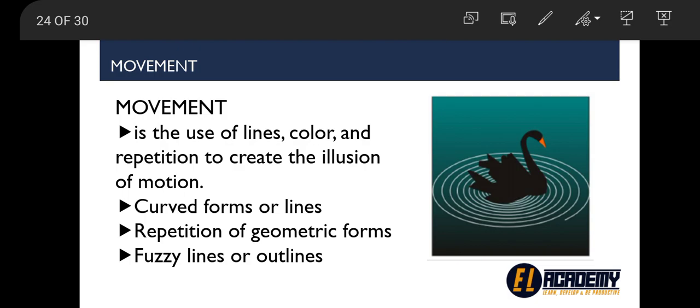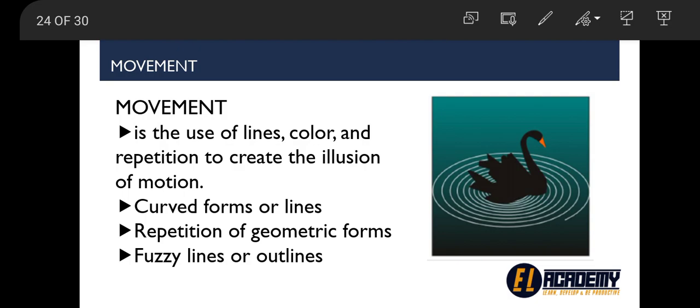This mostly has to do with creating graphic designs that convey an image of motion. That is, it creates an illusion of your design in motion. So by looking at the design, you can perceive or assume that the design is moving.